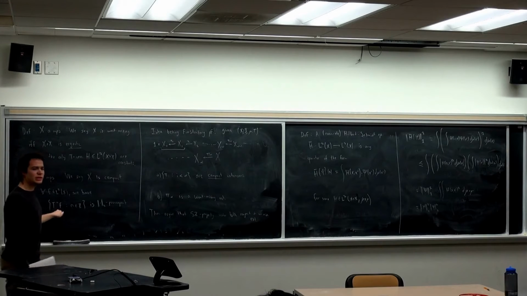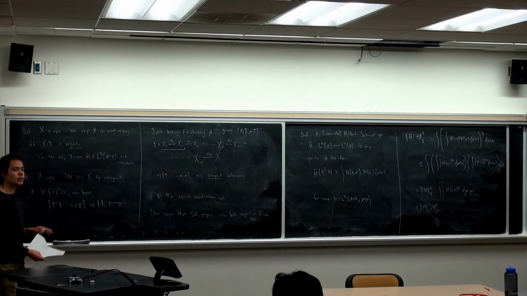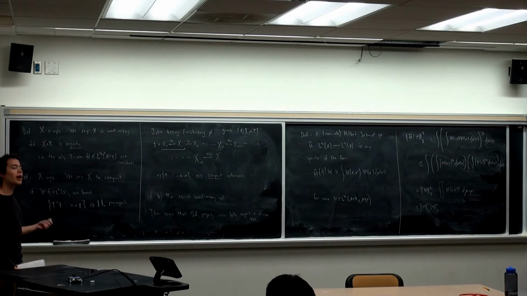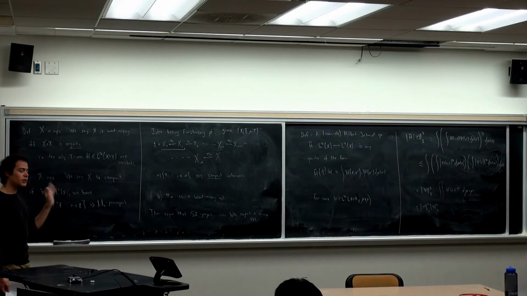This means that I look at this set of functions, I close it off under the L2 norm, and I actually get a compact subset of L2. And what are these functions? I'm just pushing forward the function.